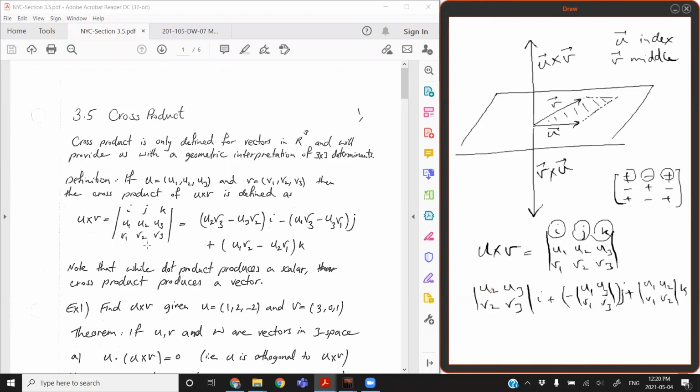It's going to be this times this minus this times this, I. So you get V2, V3, U2, V3 minus U3, V2 times I.